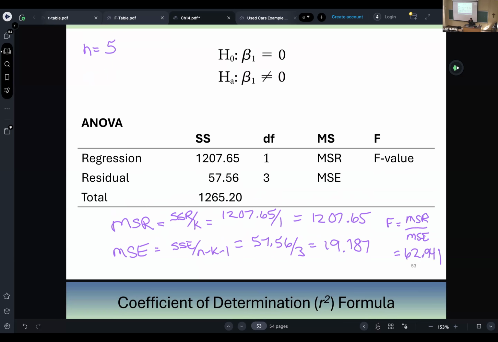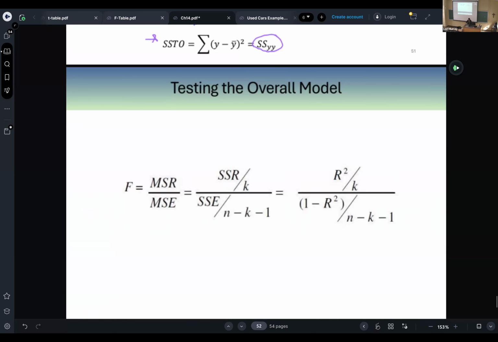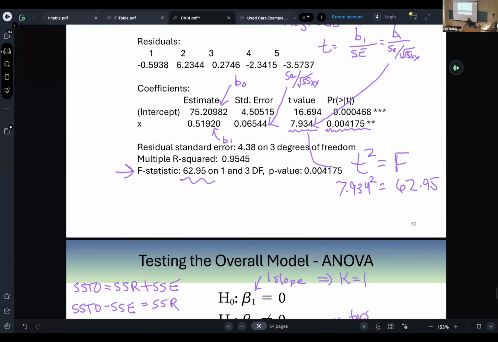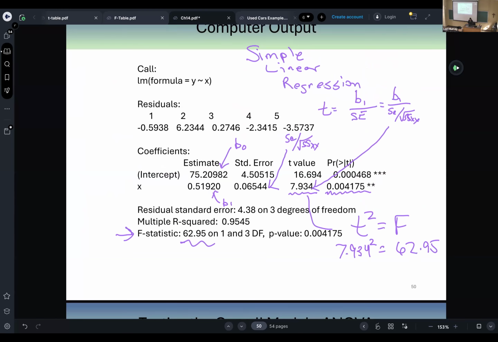That sounds a lot like the output, right? Very close. They've rounded, yeah.